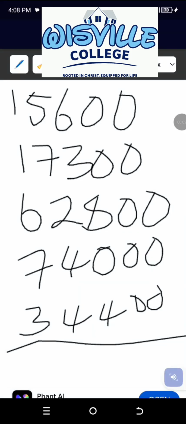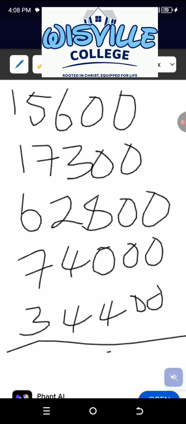So meaning that the numbers were already estimated, or should I say rounded off. So since the numbers were already rounded off, now the question further says, find the total population of the 5 towns to the nearest 1,000.